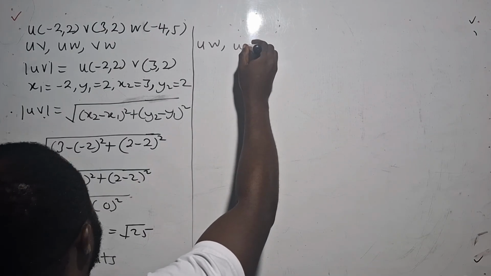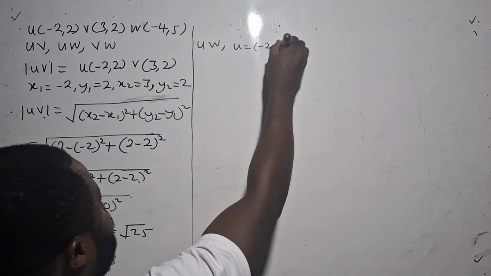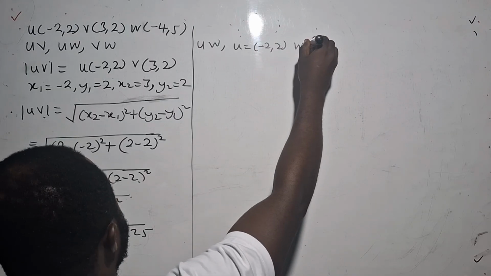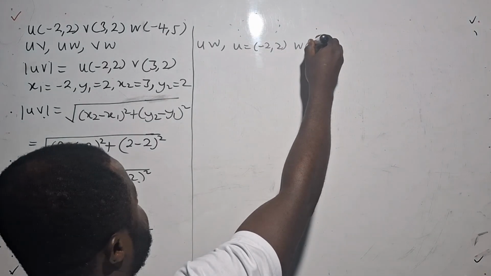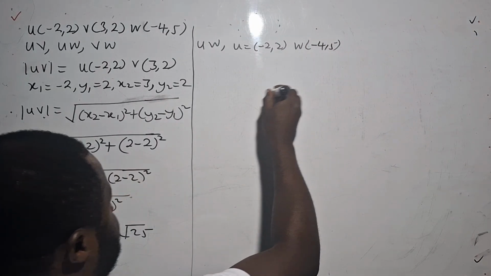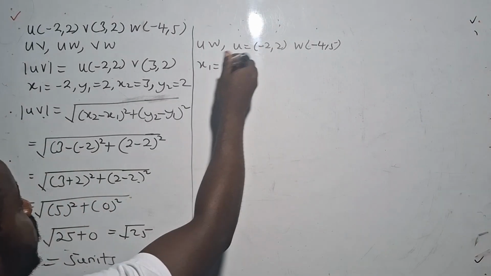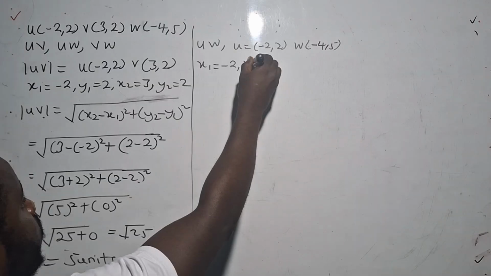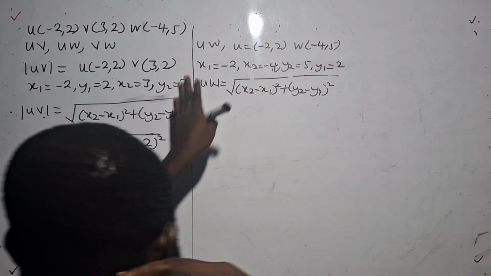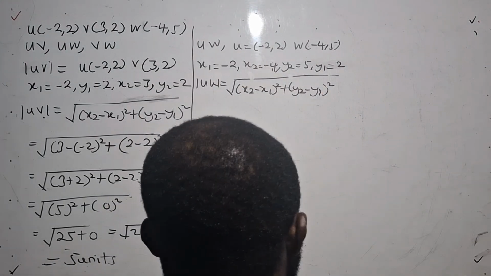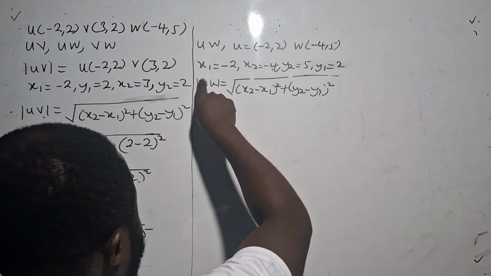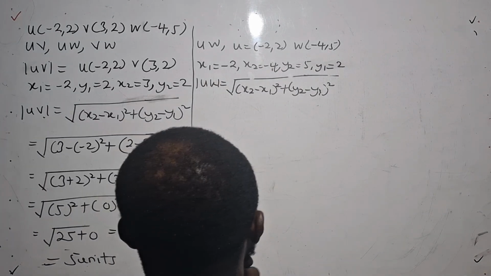And U is negative 2, 2. W is negative 4, 5. So our x1 is negative 2. We are going to find the length of UV, listing the x1, x2.